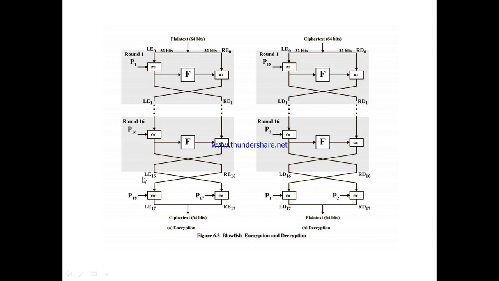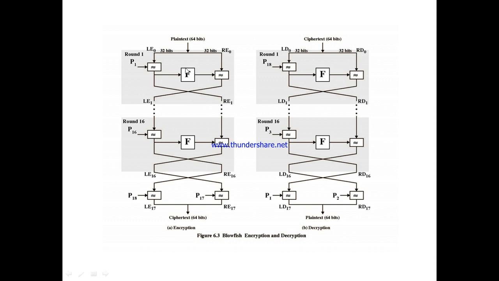Other than this, at the last round, after the 16th round, one swap will be done, and then we use P18 and P17. So P17 and P18. Totally, how many keys are we using? We are using 18 keys, and each key is a 32-bit subkey.